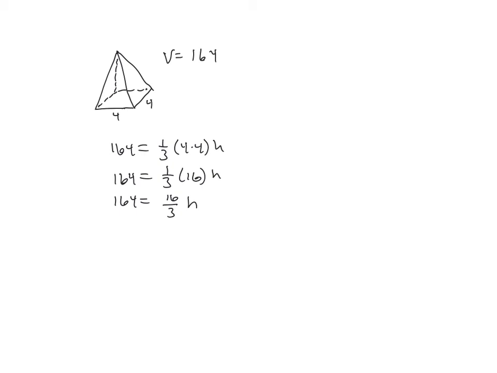So how do I get rid of it? Well, I'm going to multiply this side times 3, and I'm going to multiply this times 3, because the 3's reduce. And so I get 492 equals 16h. And then I'll divide by 16, and I end up with 30.75.